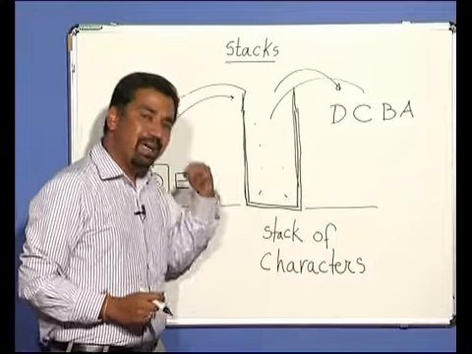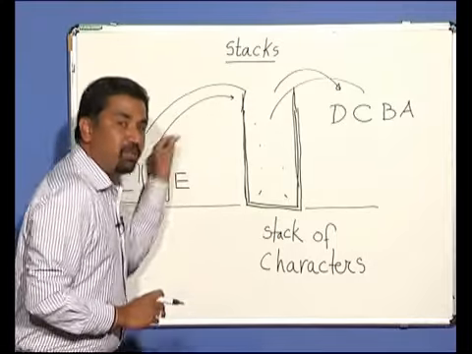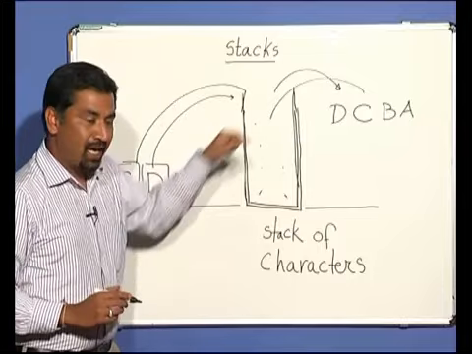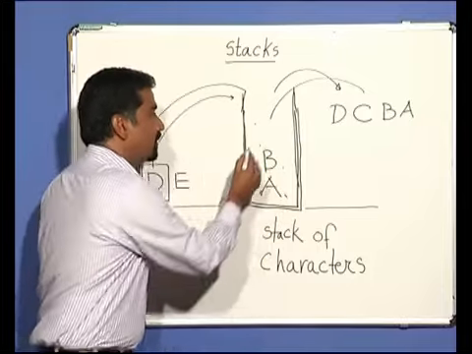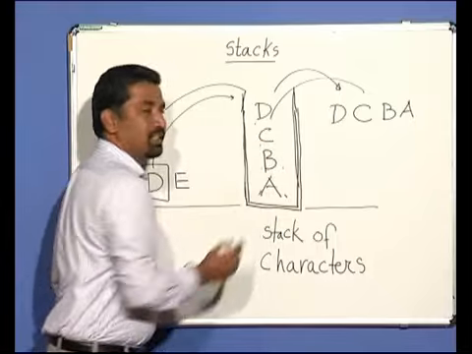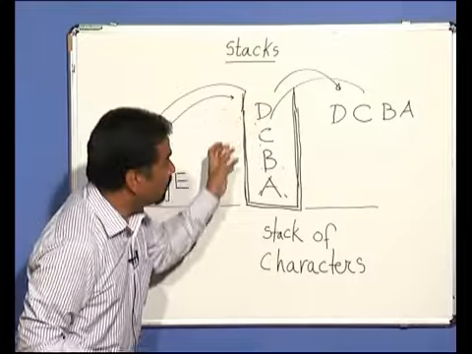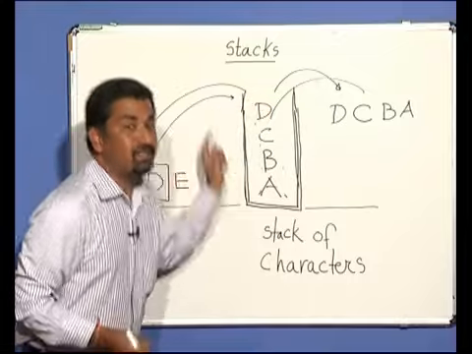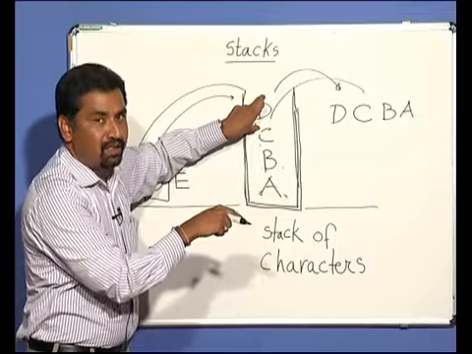The basic thing that we have to notice here is that the order of putting the characters into the stack was: first A was there, then B, then C, then D. The last letter to get into the stack was D. But when we removed, what is the first one that got out? D, which was the last character that got into the stack.